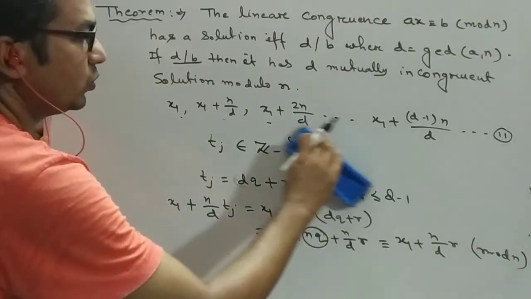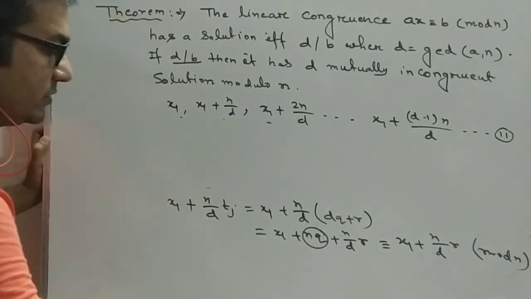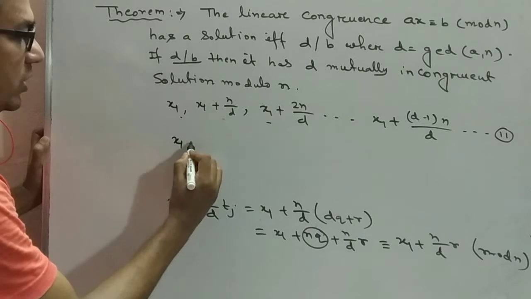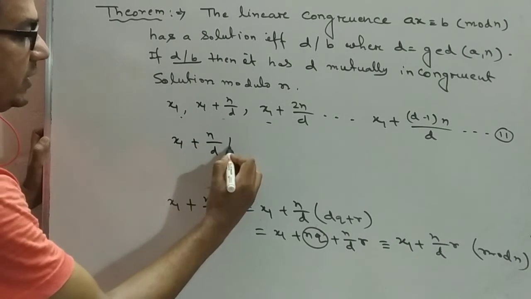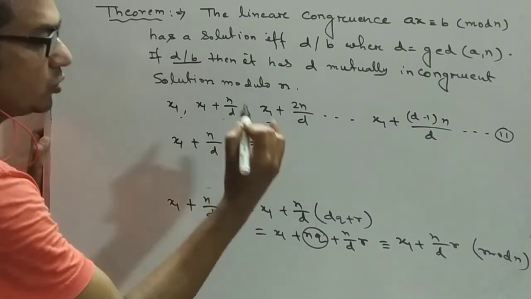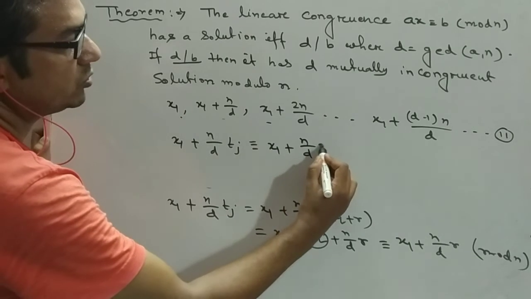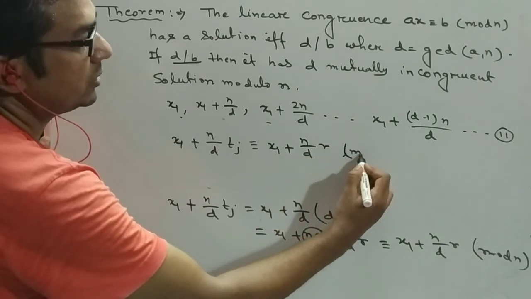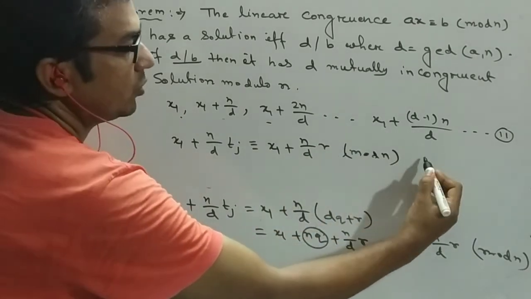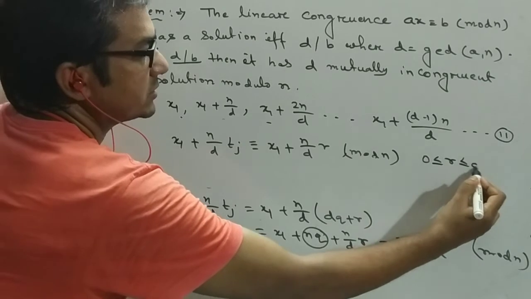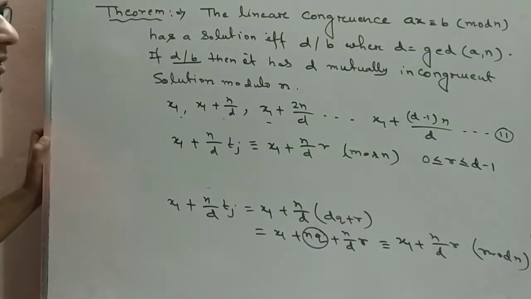So we get that x1 plus n by d into Tj is congruent to x1 plus n by d into r mod n, where 0 less than or equal to r less than or equal to d minus 1.